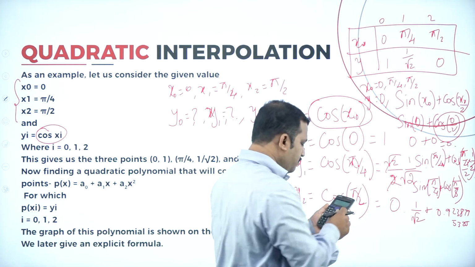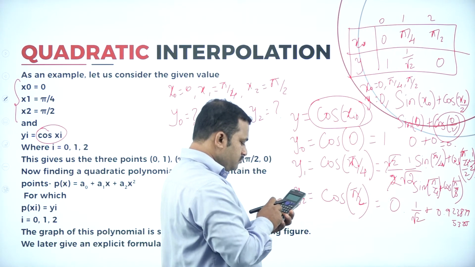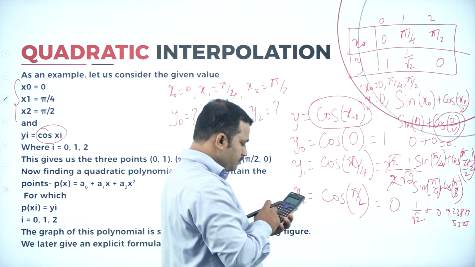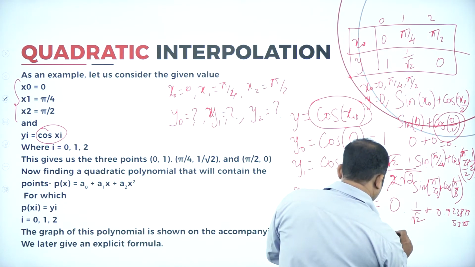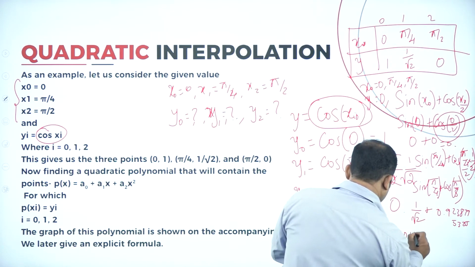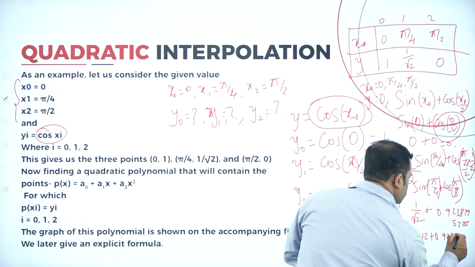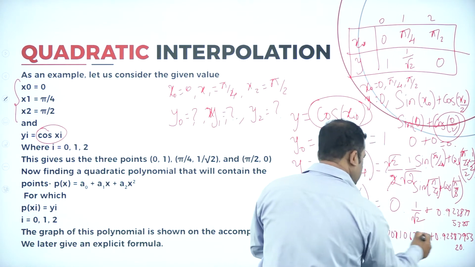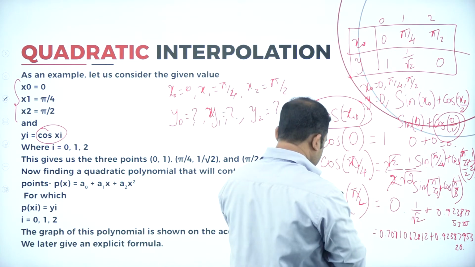Then what is the value of 1 by root 2? 1 by root 2, that is sine of pi by 4, is 0.7071067812 plus 0.9238795320. If I simplify and further add up these values, what is the value I am going to get?